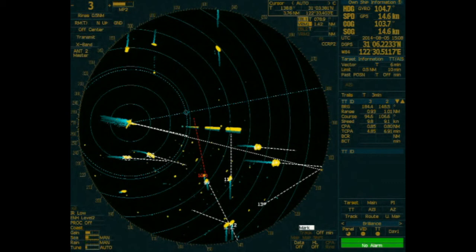We can see right now the radar has acquired the target of these two crossing vessels at maybe 2 nautical miles distance. So why is the duty officer too lazy?